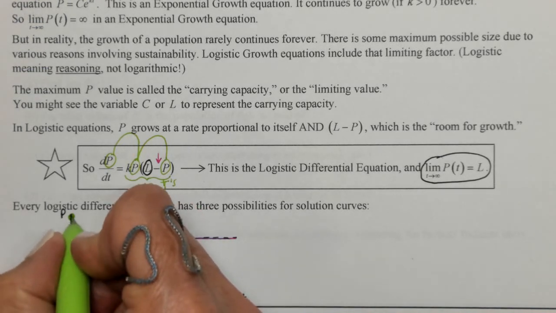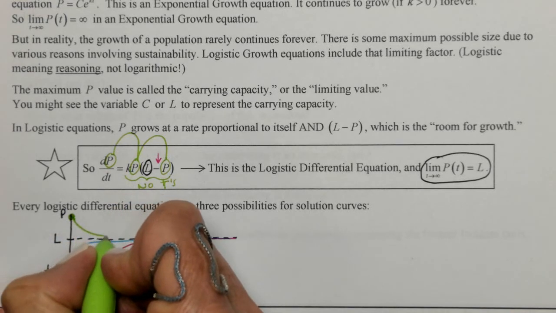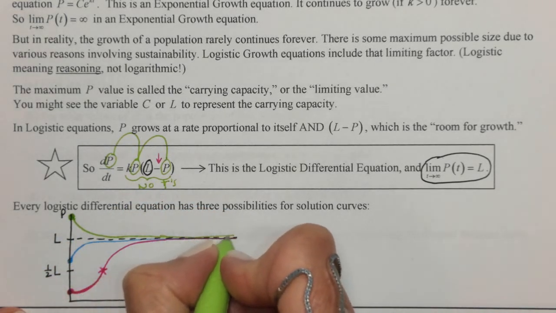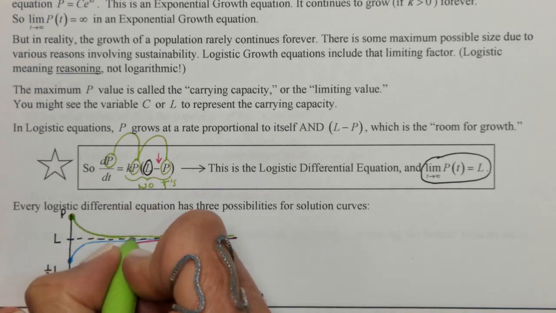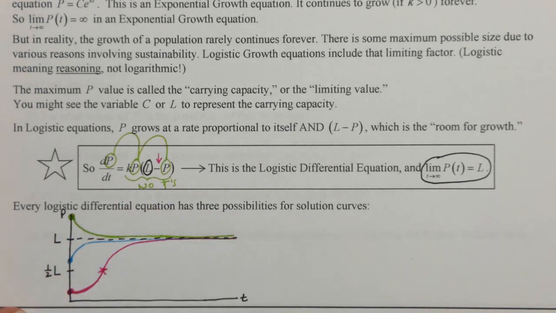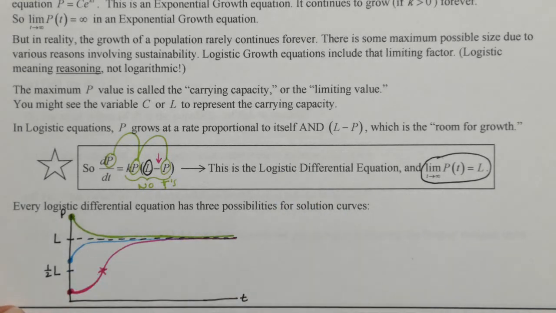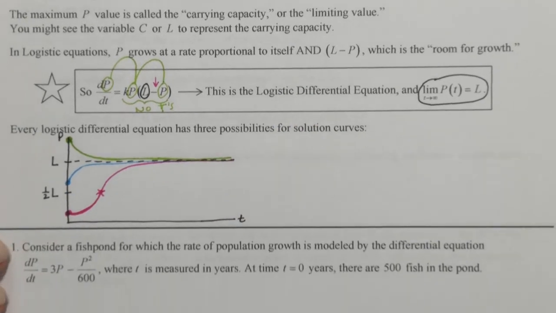This whole thing is always concave up, and it does that. So again, it gets extremely close to this horizontal asymptote. Okay? So those are the 3 different possibilities for solution curves, and they all depend on where we start. Okay, let's look at an example.